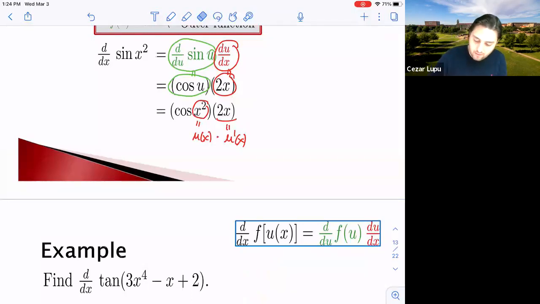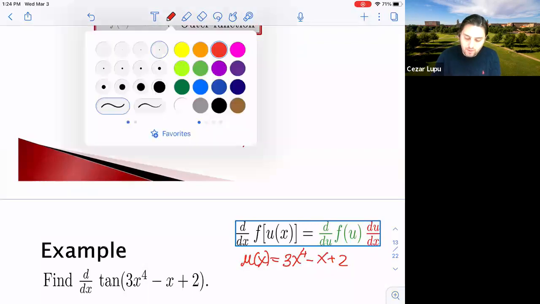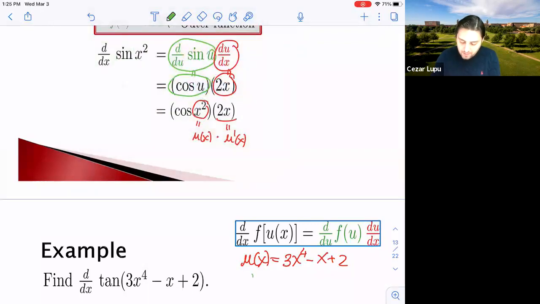Let's see, Sabrina says something like this. Let me just see on the chat. So she says, u of x is 3x to the fourth minus x plus 2. And f of u is tangent of u. Exactly. Yep, that's right.